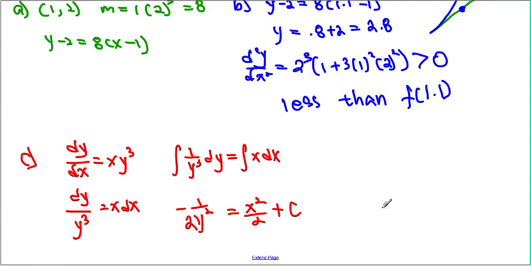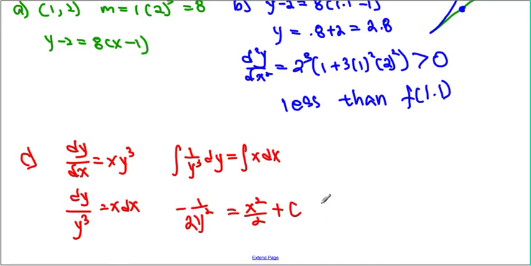One thing we realize is this. Let us solve for y first and then figure out what c value we will be getting. First we're going to negate everything. Then we multiply both sides by negative 2.